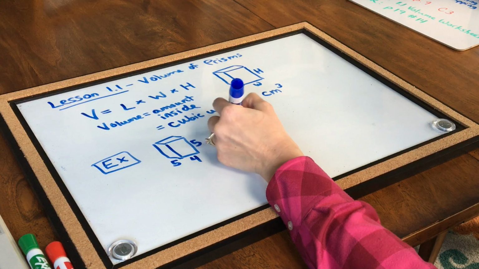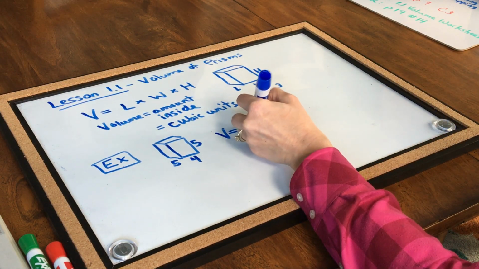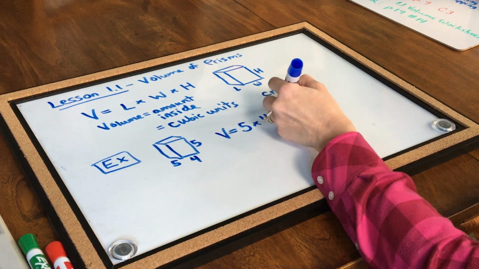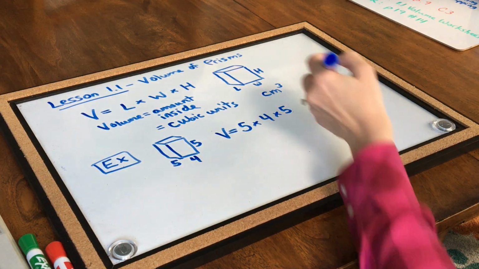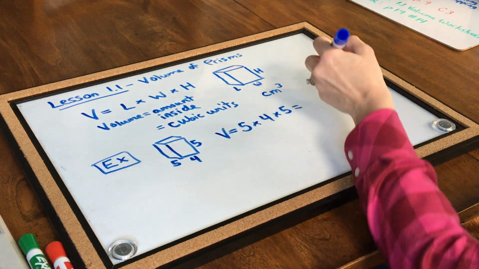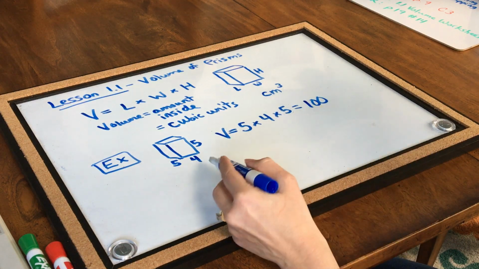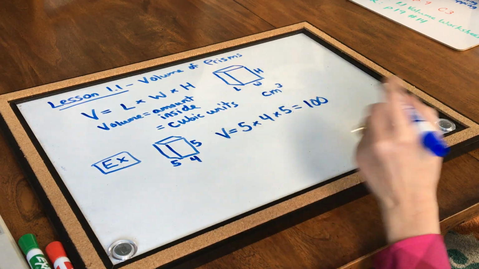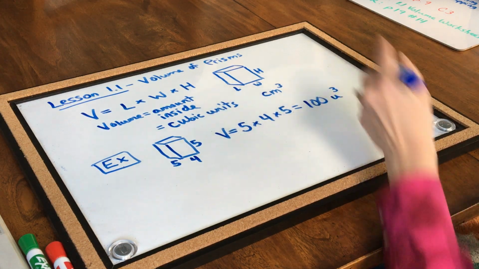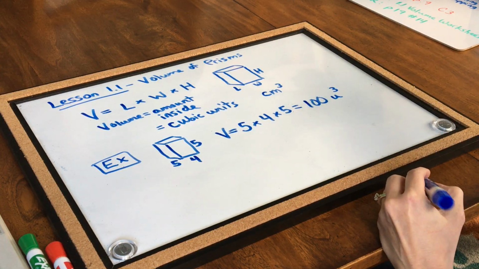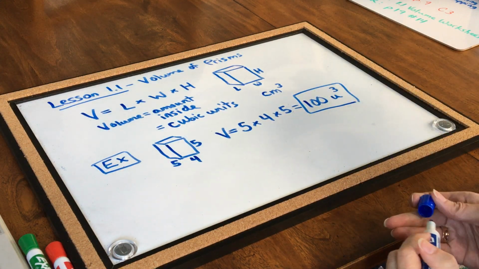My volume is going to be my length times my width times my height, so 5 times 4 times 5. This is going to give me 100 cubic units. In this case, I didn't specify a particular unit, but I have to use a unit in my calculations, so I'm going to just use U for units, and units cubed. That gives me a final calculation for volume.